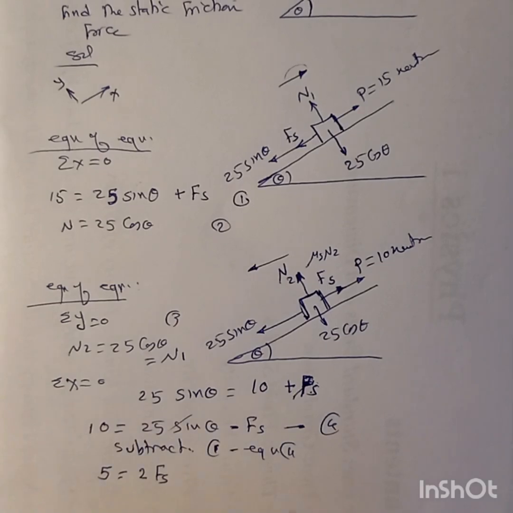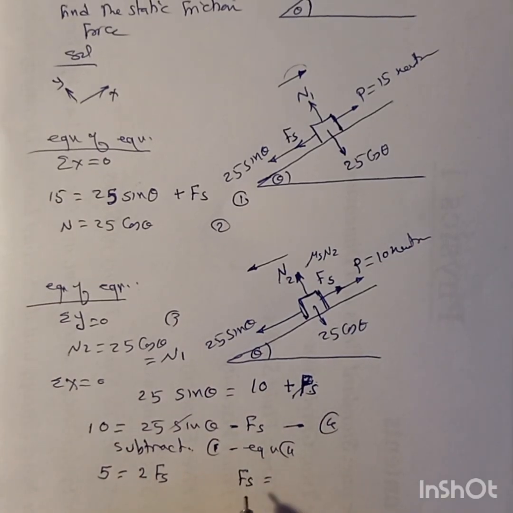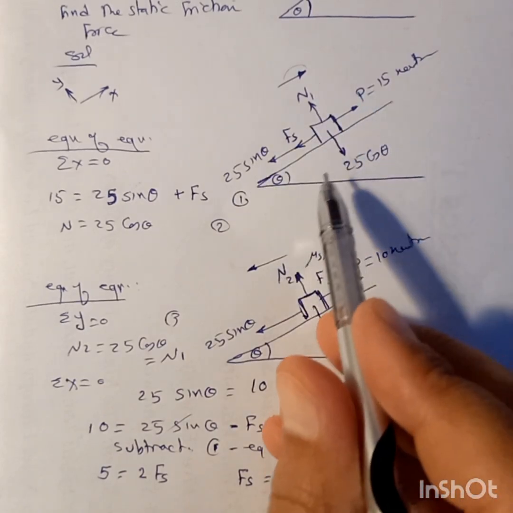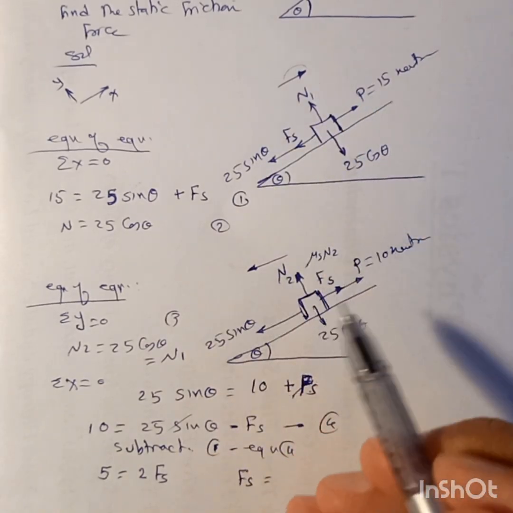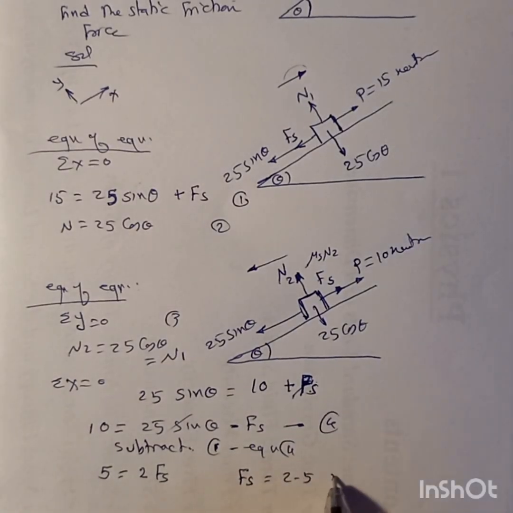Then the friction force Fs is the static friction force, as the body is about to move downwards or upwards. Then Fs, the limiting friction force, equals 2.5 Newton, and this is what was required to find.